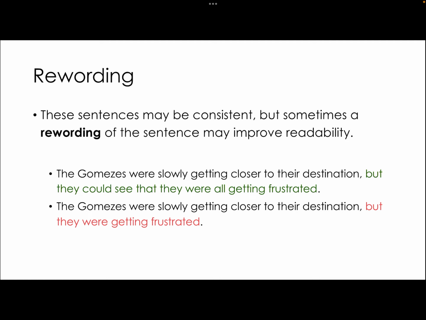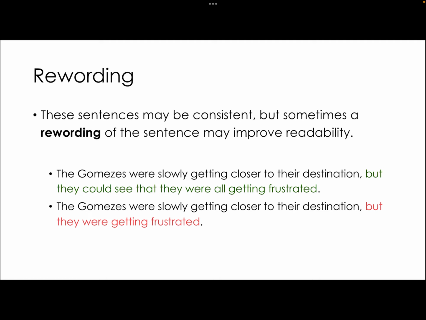But at the same time, to improve the quality of the sentence and actually help the readers read it more efficiently, more effectively, maybe you can do something called rewording. Rewriting the sentence or changing the words in the sentence to improve its readability.